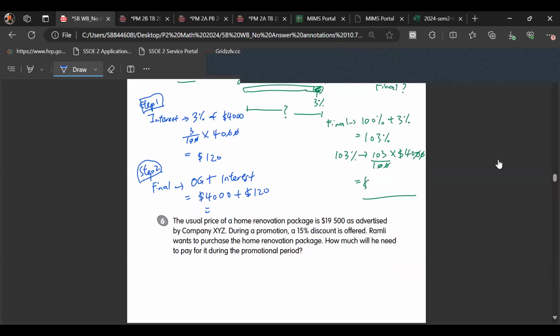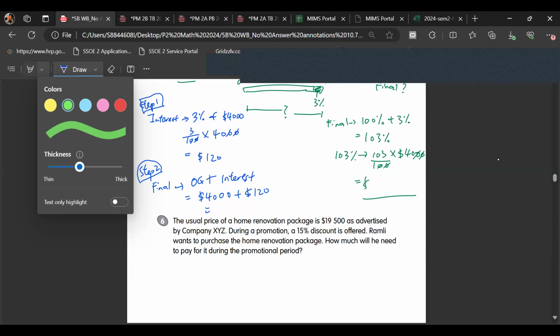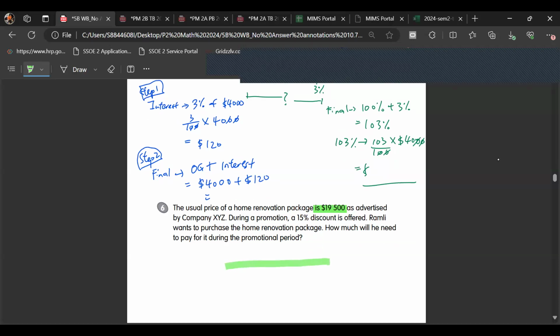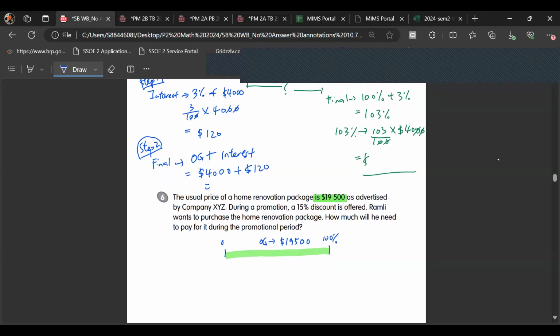The last two questions, I think, are really friendly. So far the numbers are quite helpful. They end with the hundreds, so you can simplify easily. So the original price is... Then I cut 15% away.